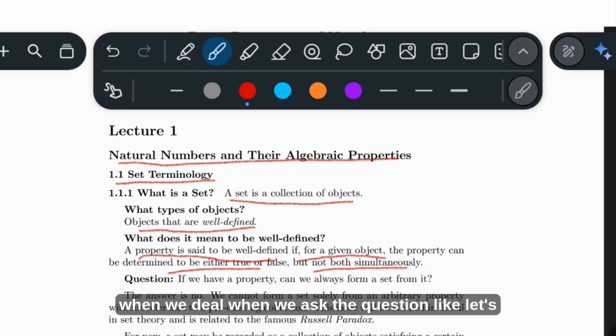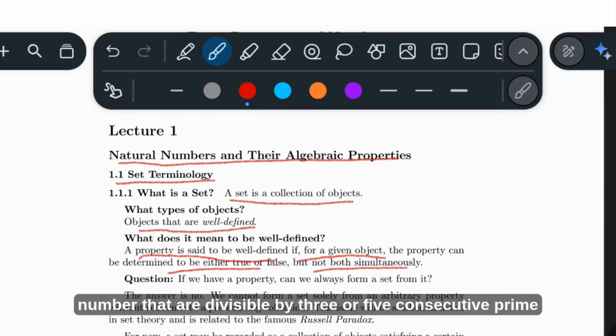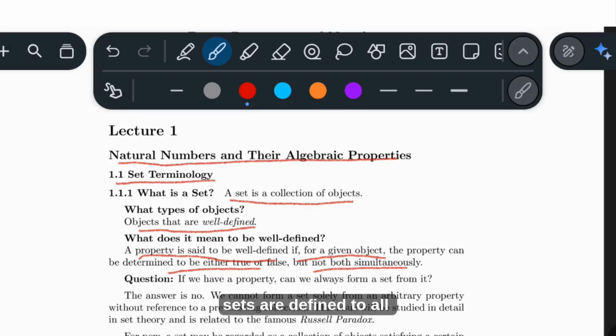But when we ask for a set of five natural numbers that are divisible by 3, or a set of five consecutive prime numbers, then the sets are well defined.